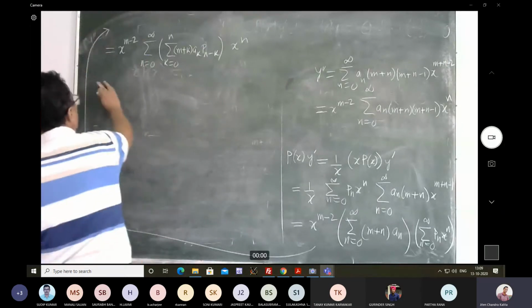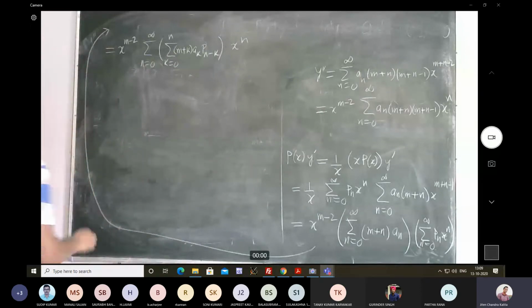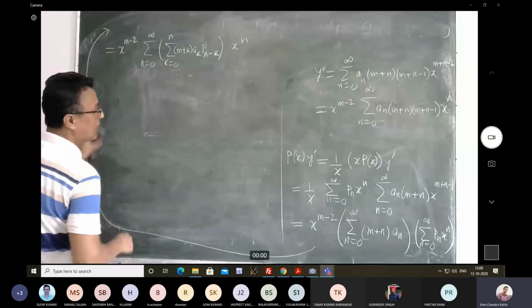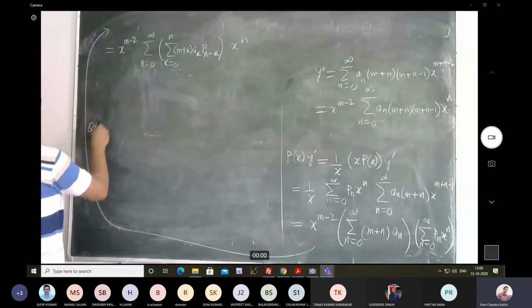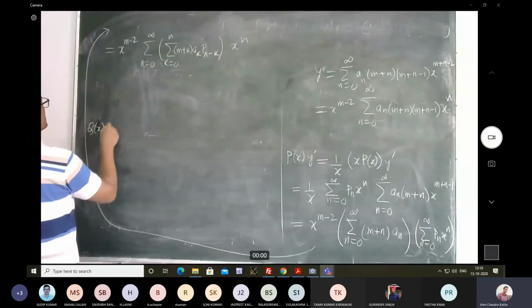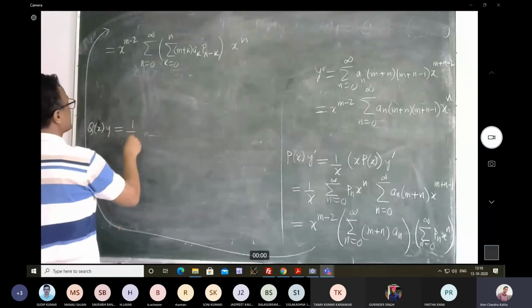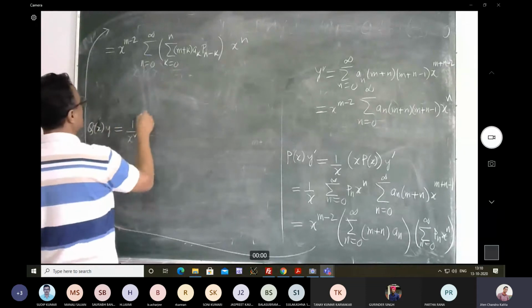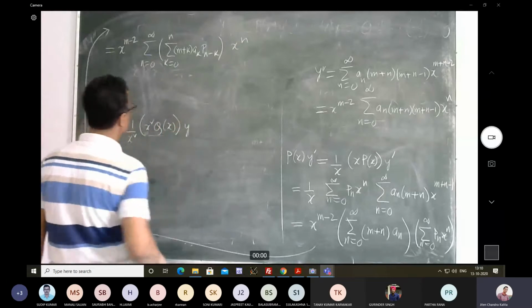So I am going to do one more manipulation, but before that, let me work out the other part. So basically, your this one, q(x) y. As before, what I'm going to do, I'm going to write it as 1 by x squared times x squared q(x) y, right?